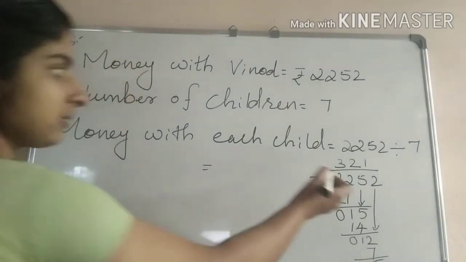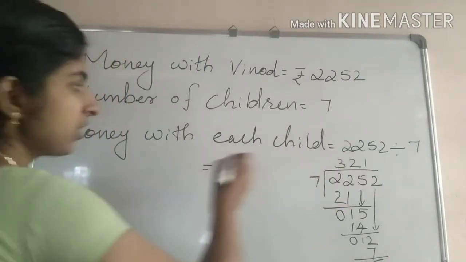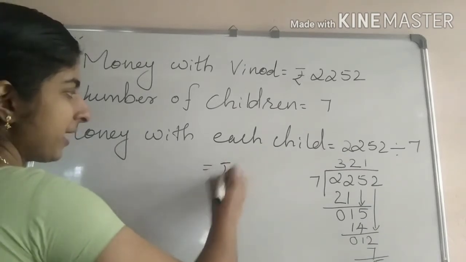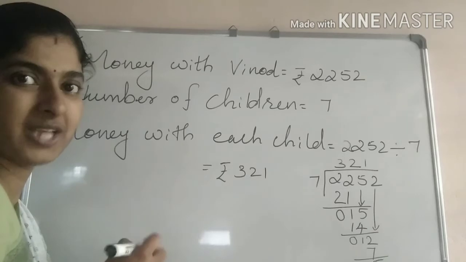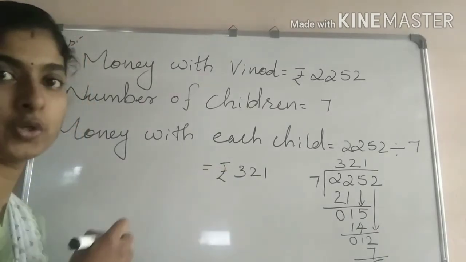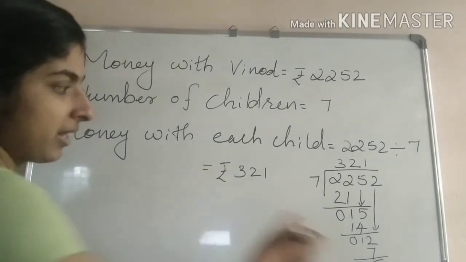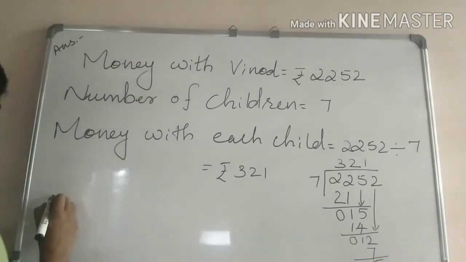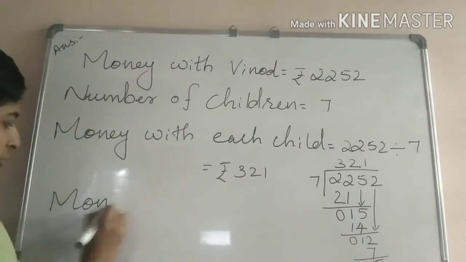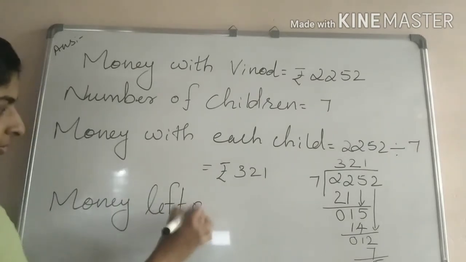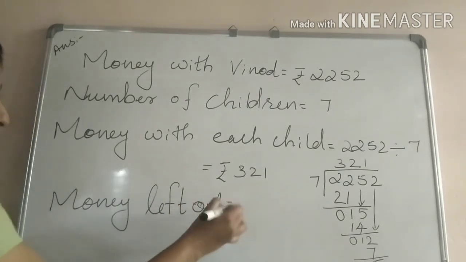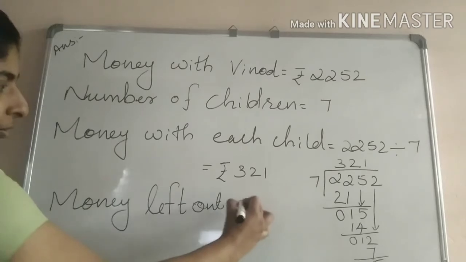Here each child gets how many rupees? 321 rupees. One child gets 321 rupees. Then the balance money left out is equal to 5 rupees.